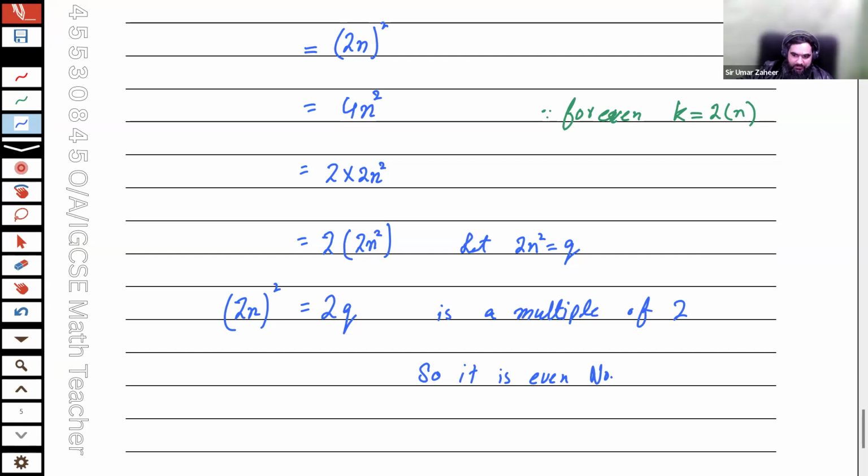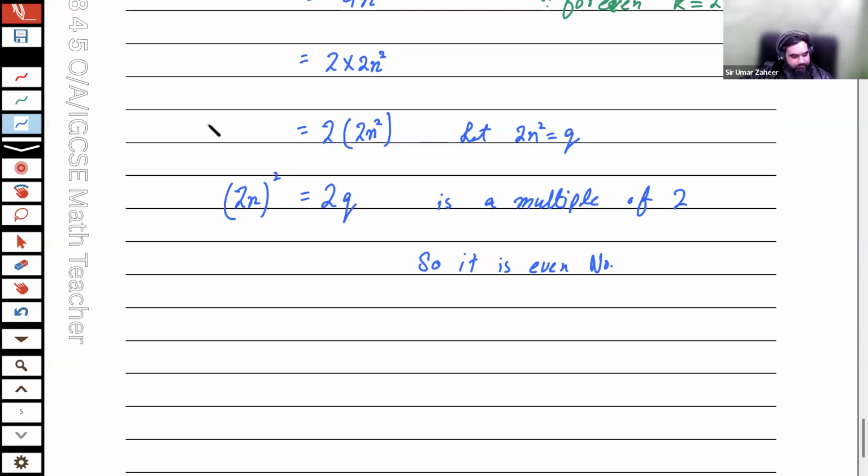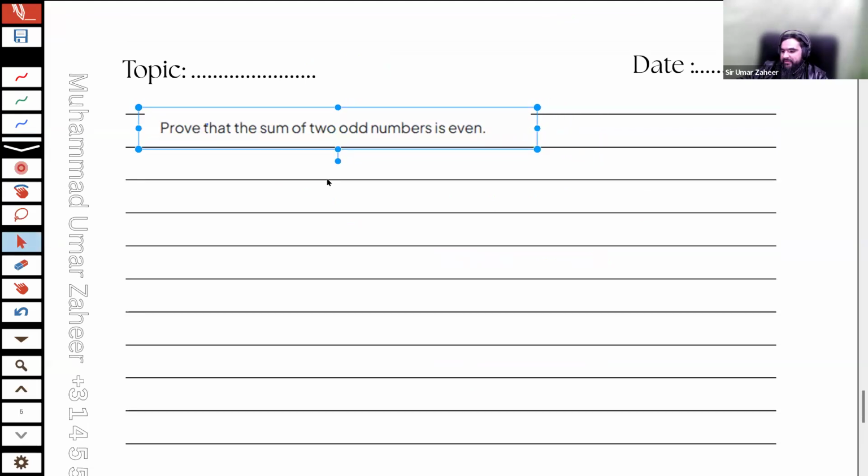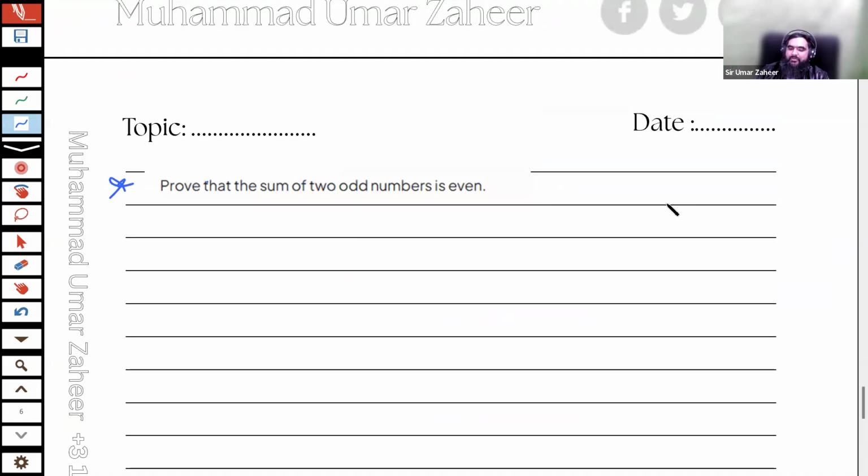All right. Let's do one last question. He says prove that the sum of two odd numbers is even. So just tell me, how do we show an odd number? 2n minus 1. So we have to take two odd numbers.